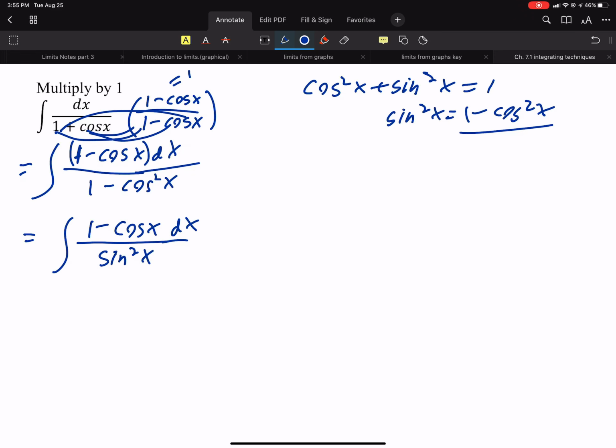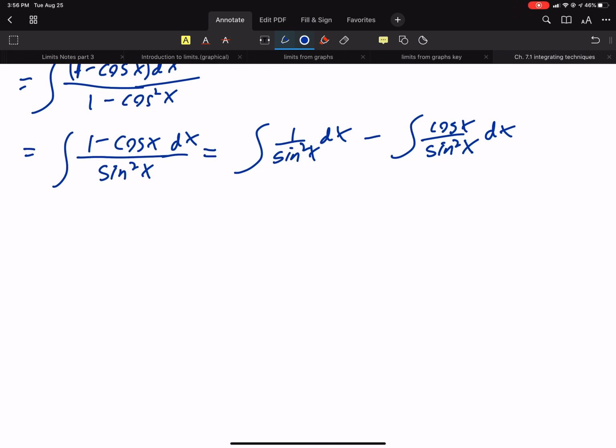And it looks like we're making progress, but then we're stuck again. And some of you might think u sub, but this should be a technique we used earlier. We split this into 2 separate fractions. We make it 1 over sine squared x dx minus cos x over sine squared x dx.